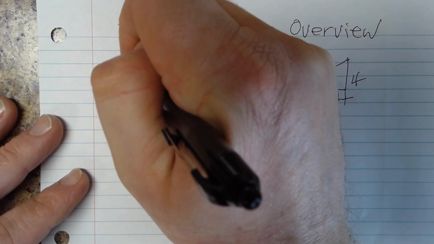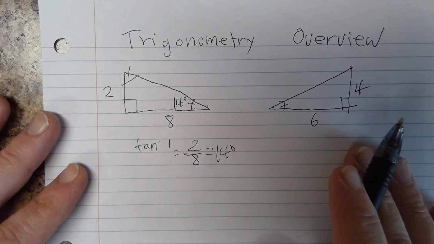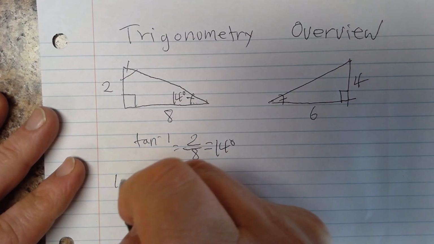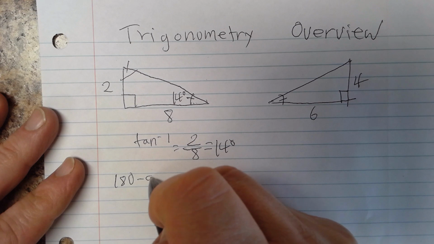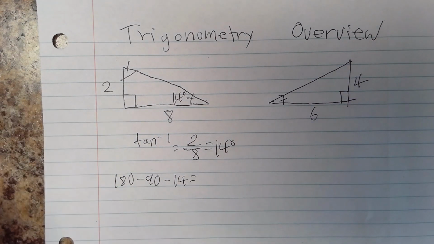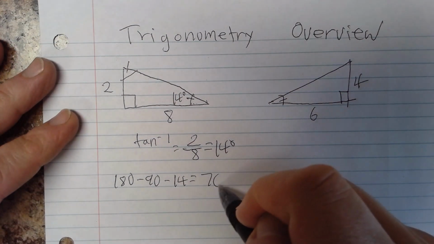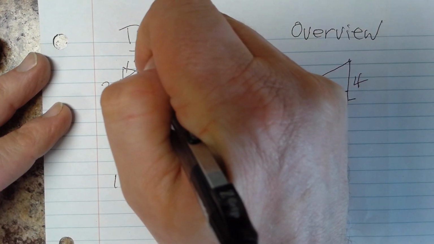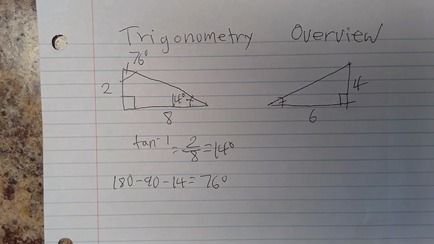And we can solve for the other missing angle with relative ease. Now that we know that one, we know the other one is 180 minus 90 minus 14, which is 76. So there's a couple of concept reviews: tangent and subtracting from 180 degrees.